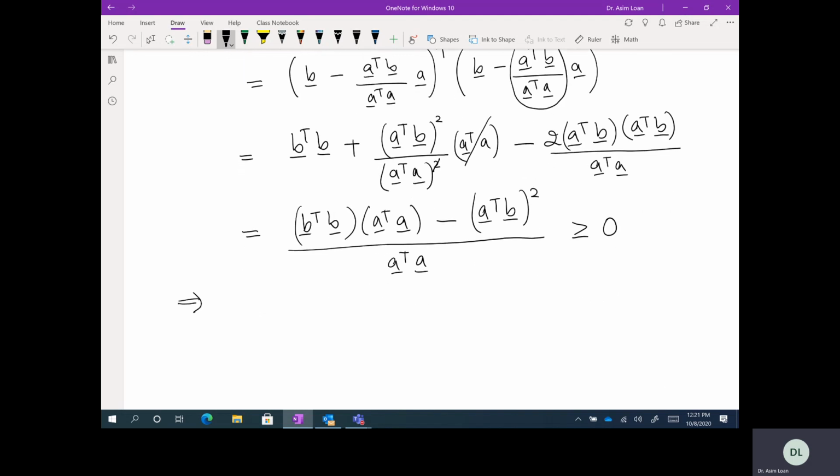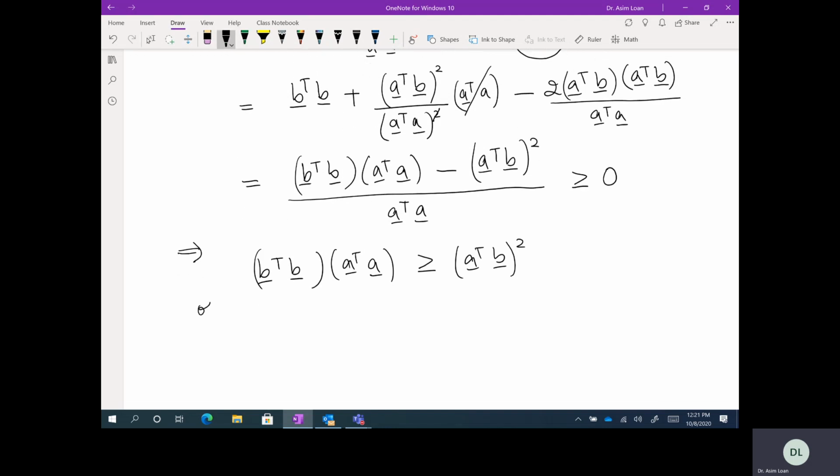This implies B transpose B into A transpose A is greater or equal to A transpose B square.